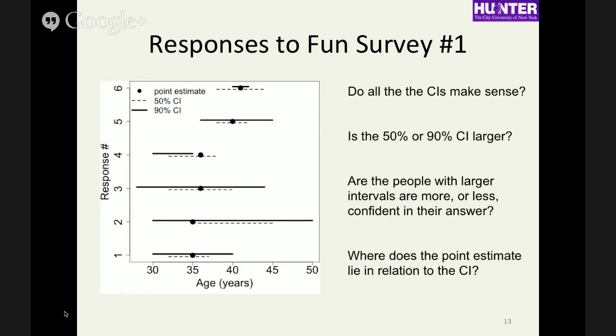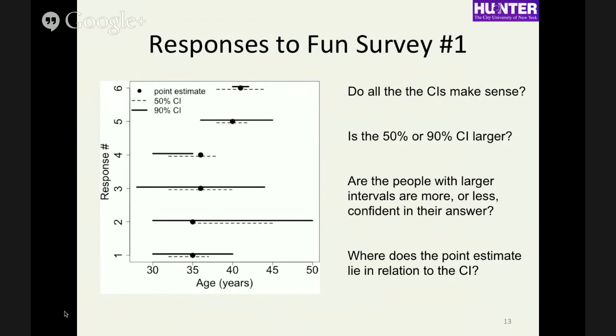It's a common misunderstanding. I've given similar surveys in different classes, and it is a common misunderstanding. I think that part of the misunderstanding comes from another way of thinking about confidence. If you think of confidence as how confident am I in my answer, then if you have high confidence, you should be able to say he's between 40 and 42, and if you have low confidence, you have to give a larger range.